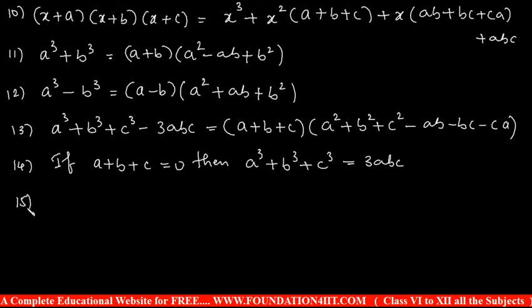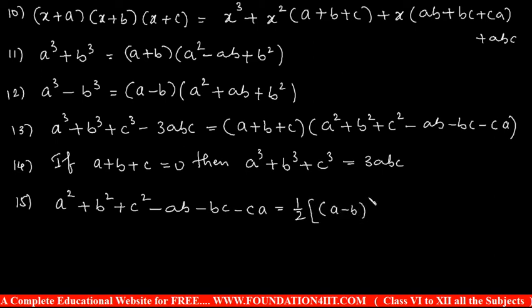And the last formula I'll give from this algebra topic: a square plus b square plus c square minus ab minus bc minus ca exactly equals half of the bracket a minus b whole square plus b minus c whole square plus c minus a whole square.